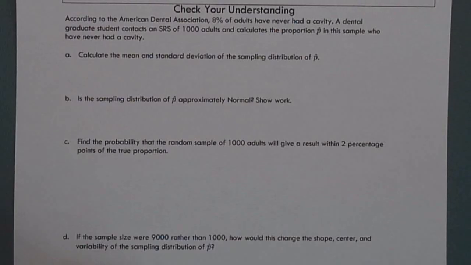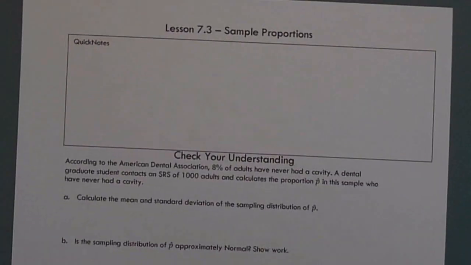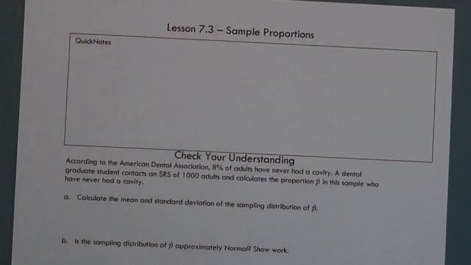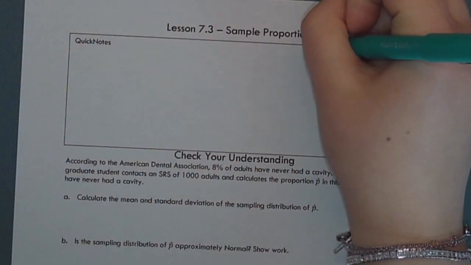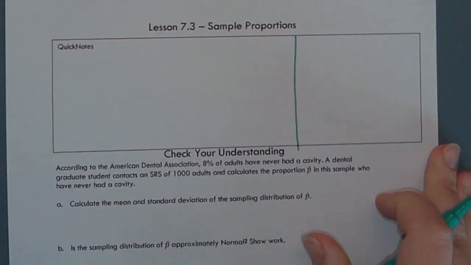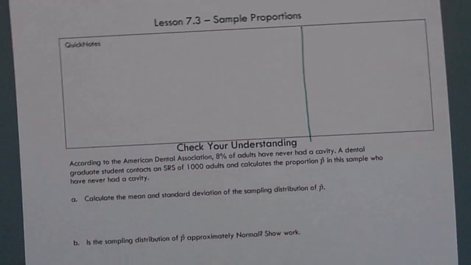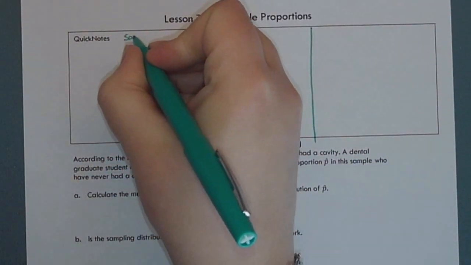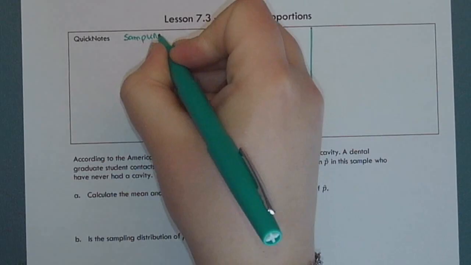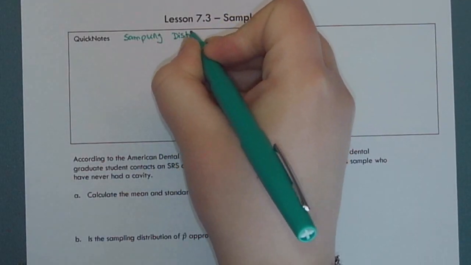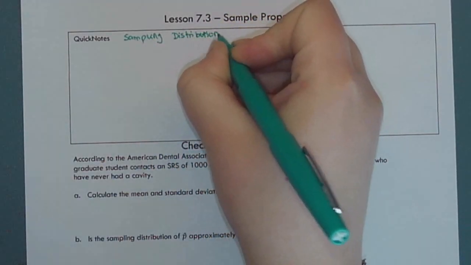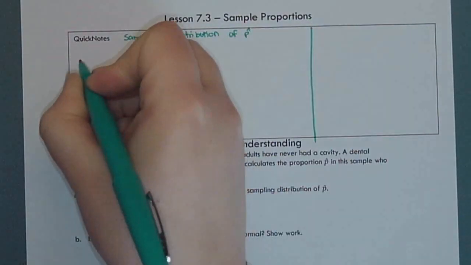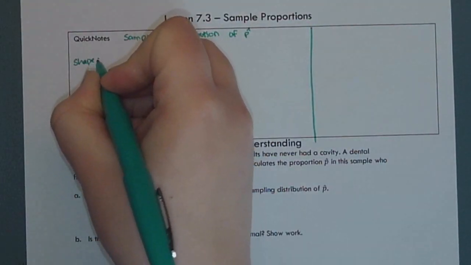Alright, now that we're done with our activity, let's take our notes for the day. So we have our sample proportions, we're going to again divide that section into two. So we have sampling distributions of p hat, which means we need a shape.